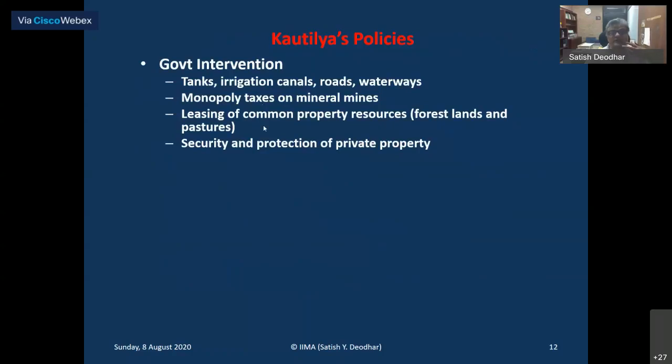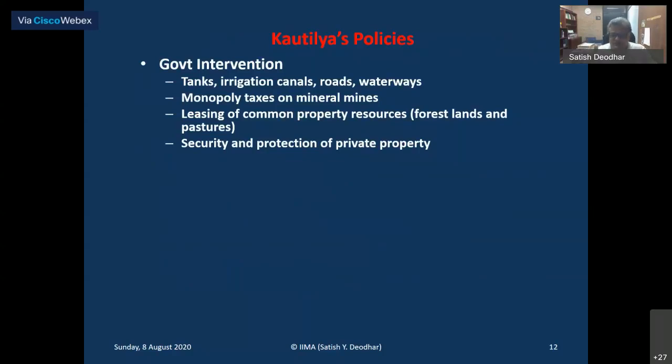He talks about leasing common property resources, which are basically forest lands and pastures. Forest lands and pastures are really the property of the state, right? So it belongs to nobody and therefore it belongs to the state. But therefore, anybody can go and graze their cattle on the forest land. So there's something called the tragedy of commons. And the tragedy of commons is the following.